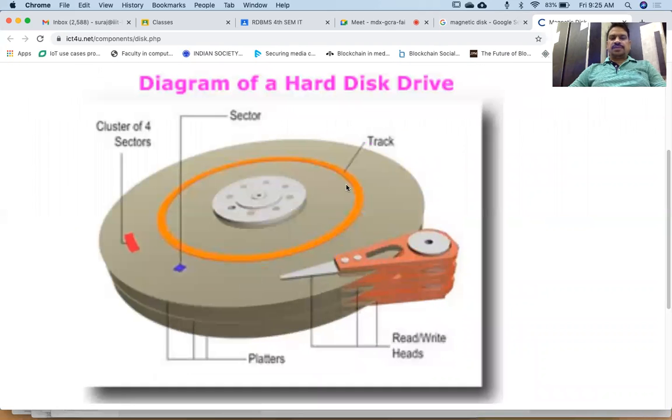As you can see in this diagram, there is a read write head. These are the read write heads. This read write head has a linear motion, meaning it will go in that direction or that direction, up or down.